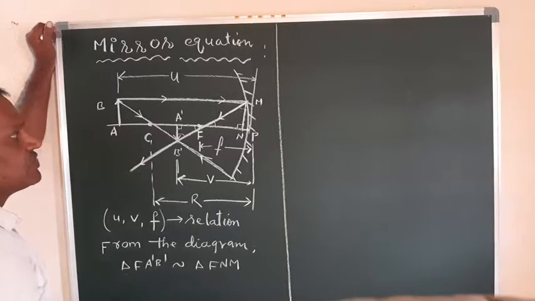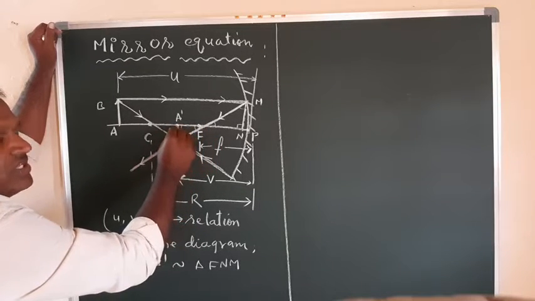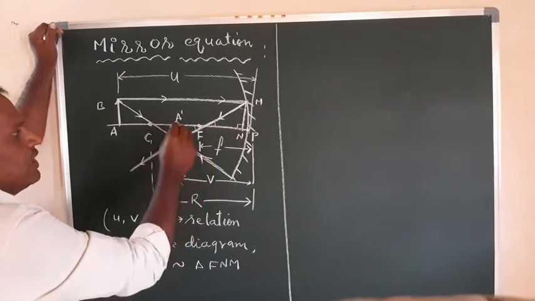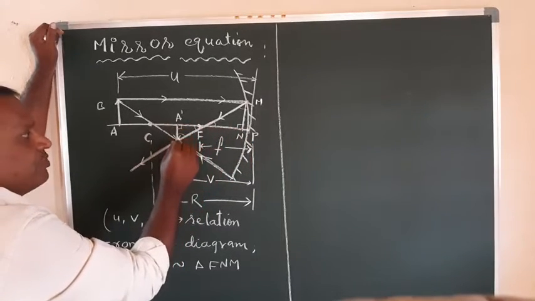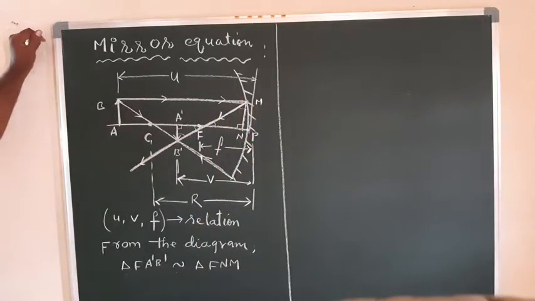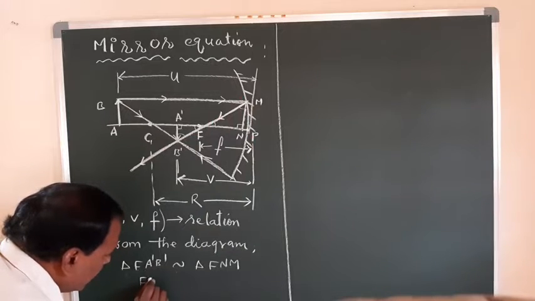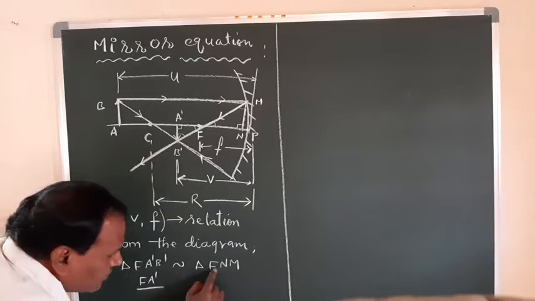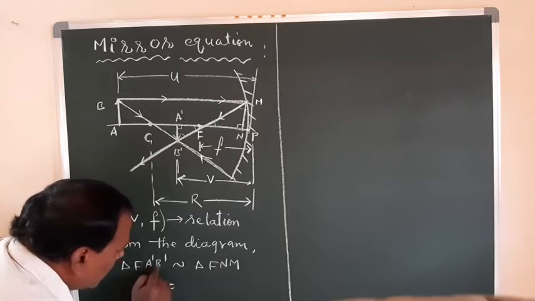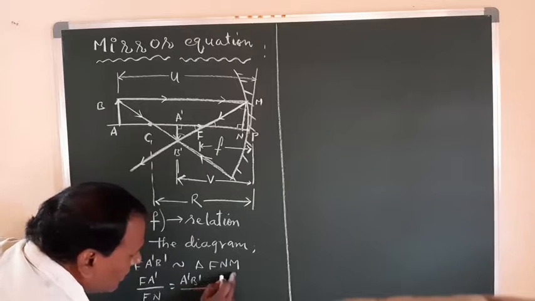F A dash divided by F N is equal to A dash B dash upon N M. You can write the first two letters F A dash upon the first two, F N, is equal to the last two, A dash B dash upon N M.